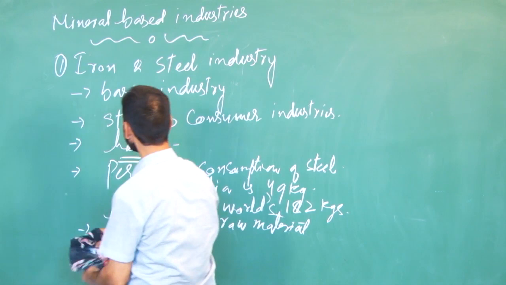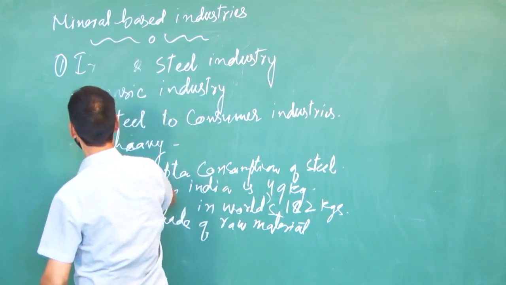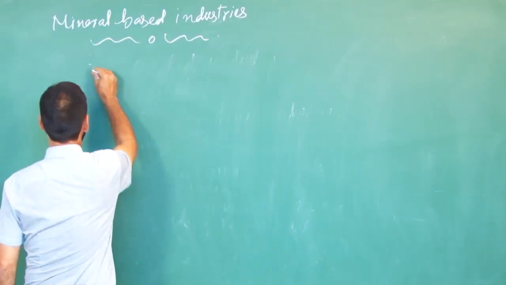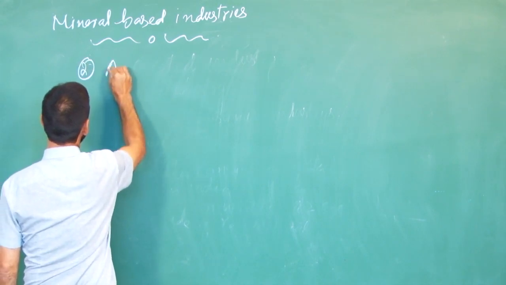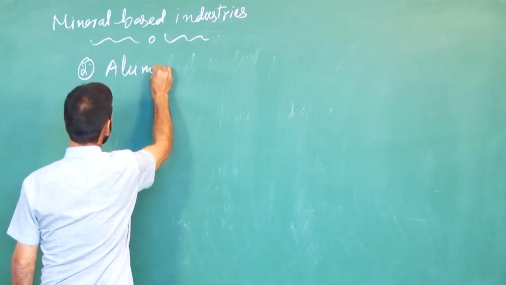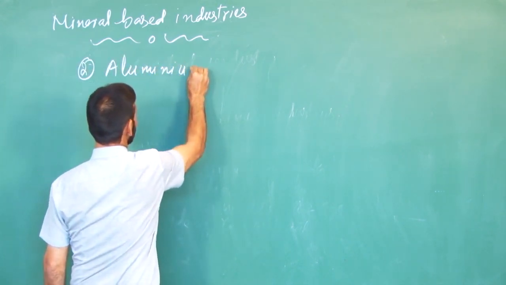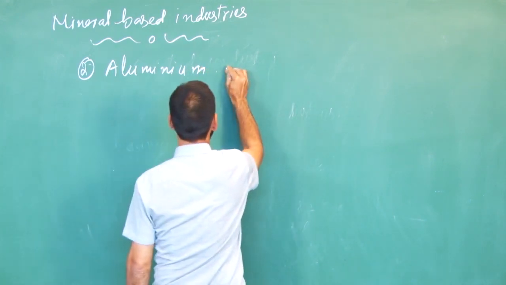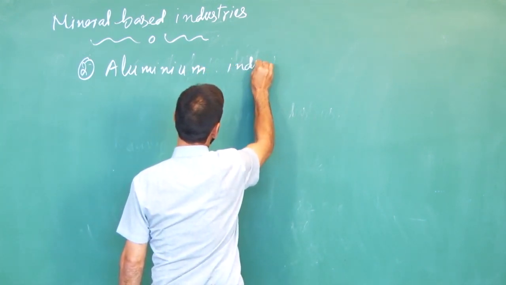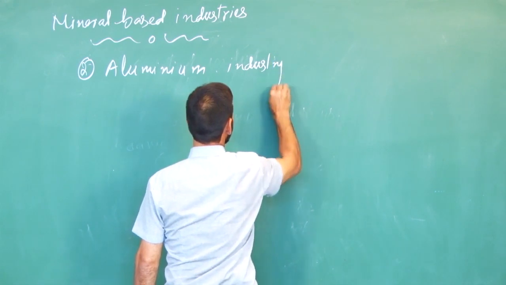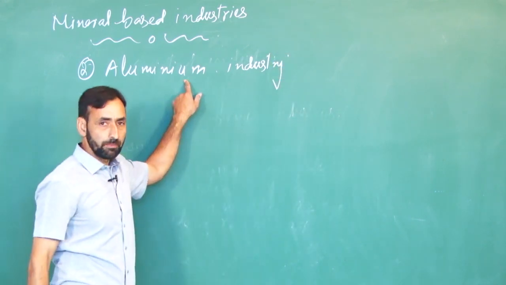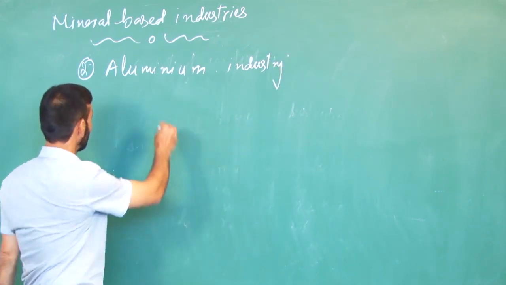Now, second mineral-based industry is aluminium smelting. Mineral-based industry is aluminium industry. The ore of aluminium is bauxite.